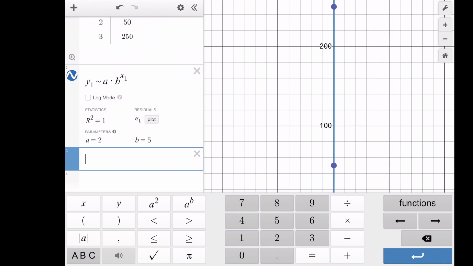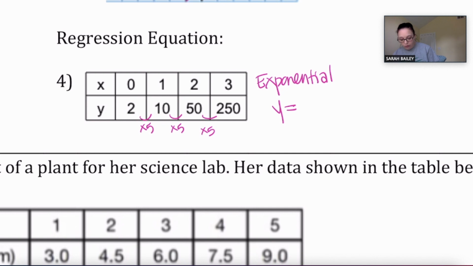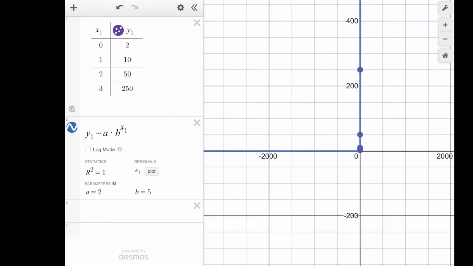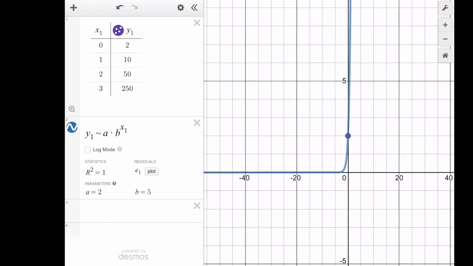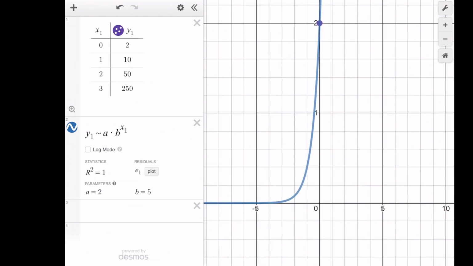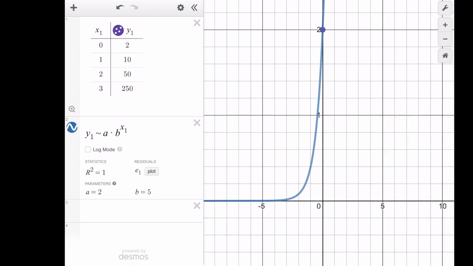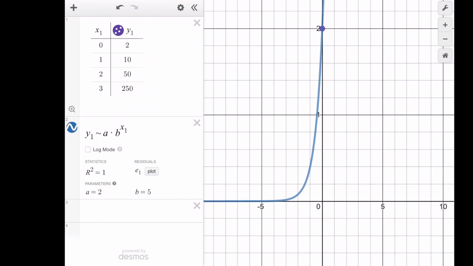So on my screen here, I'm going to write y equals 2 times 5 to the x power. And then that actually does get graphed, but it's really hard to see that graph until I start zooming in so you can tell it's exponential. And let's look at the residuals. Remember when we talked about residuals in the previous lesson?